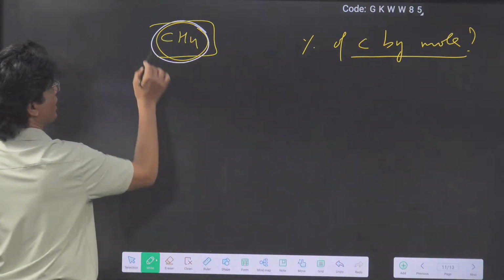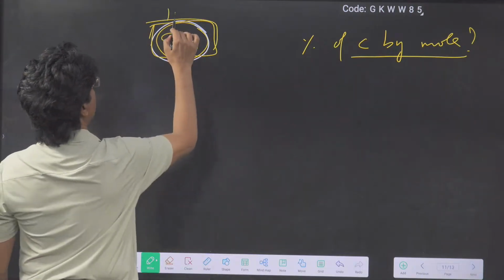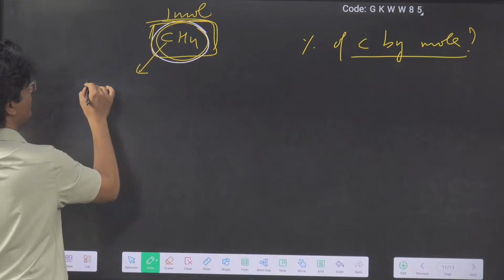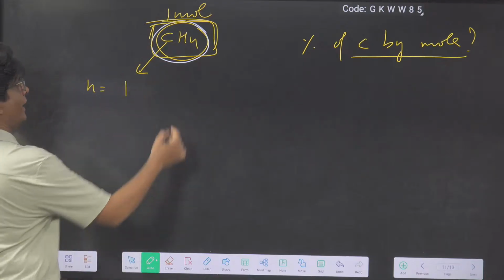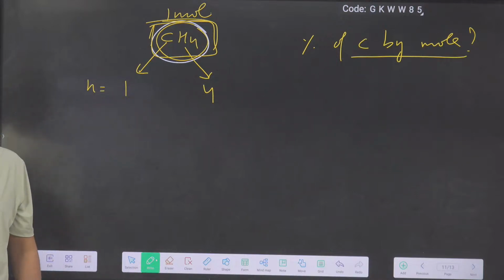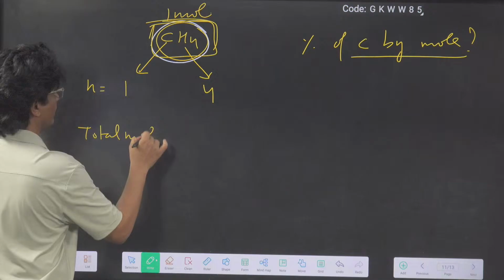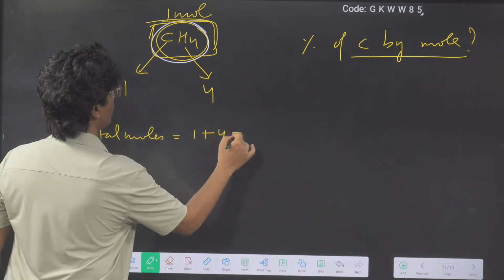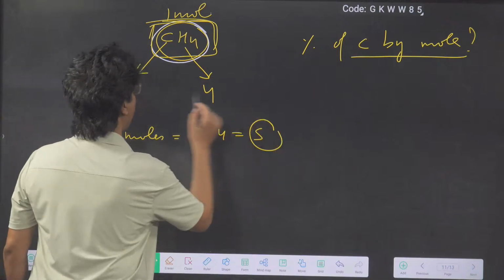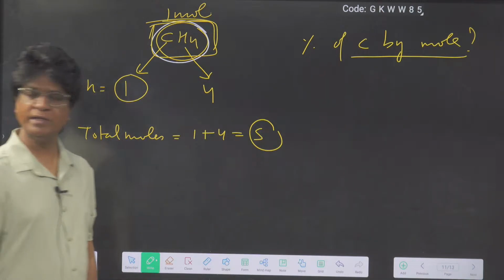We are talking about moles, right? So if you take 1 mole of methane, how many moles of carbon are there? 1 mole. And how many moles of hydrogen are there? 4 moles of hydrogen. So total number of moles is 1 plus 4 equal to 5. Out of 5 moles, only 1 mole is carbon.